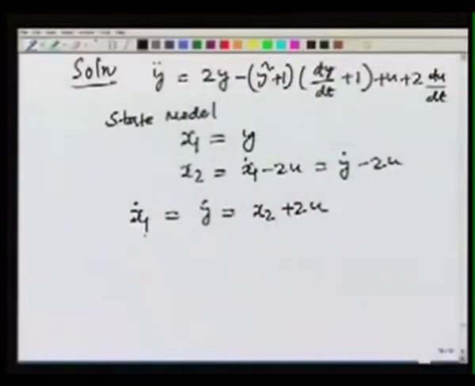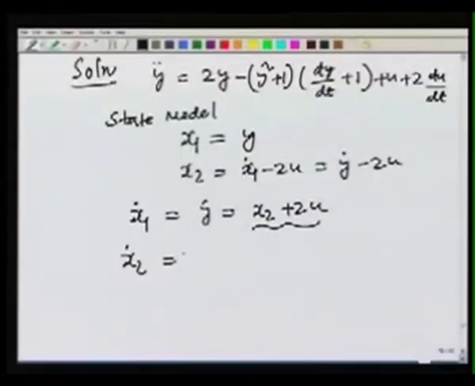State space means we always write the derivative of the state in terms of other states and input. So, x 1 dot is a function of x 2 and u. Similarly, x 2 dot is y double dot minus 2 u dot.